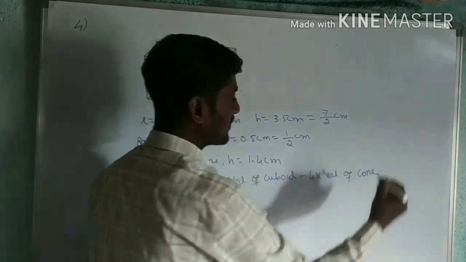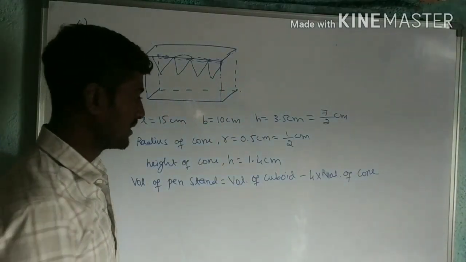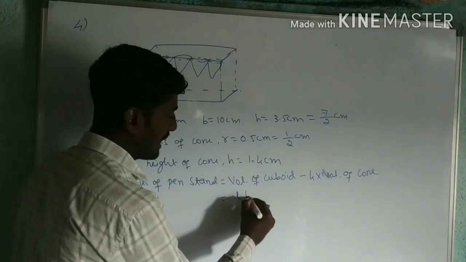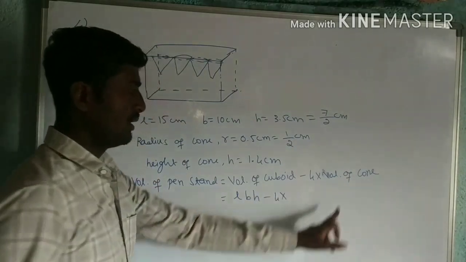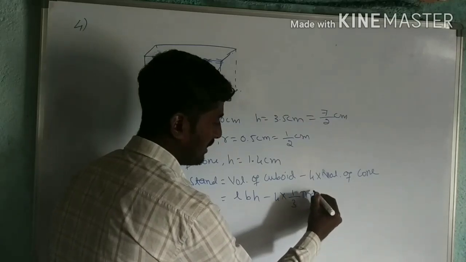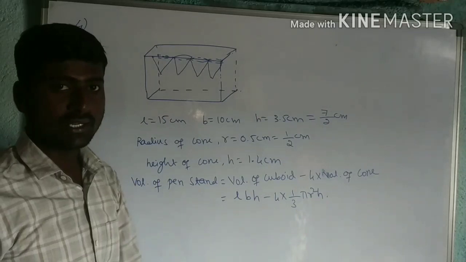Let us write the formula. Volume of cuboid is LBH, minus 4 into the volume of cone, which is 1 by 3 pi r square h.